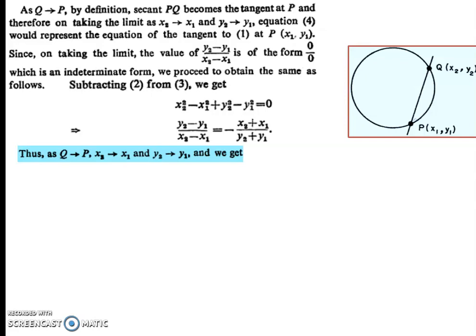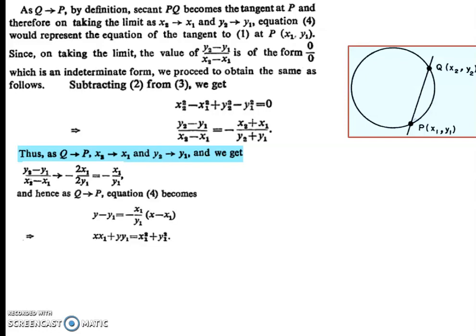Now see, when Q approaches P, x2 approaches x1 and y2 approaches y1, so the right hand side becomes minus 2x1 over 2y1. So 2 cancels, it becomes minus x1 over y1, and therefore the equation of secant becomes y minus y1 is equal to minus x1 over y1 into (x minus x1).